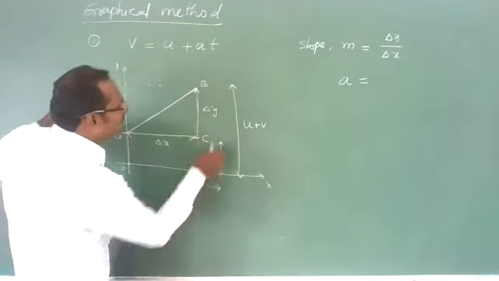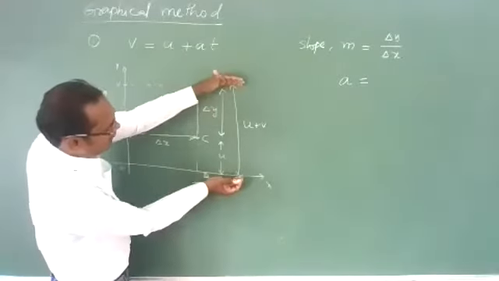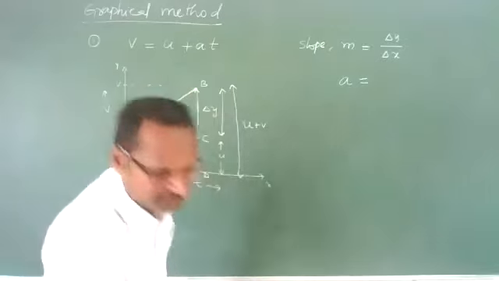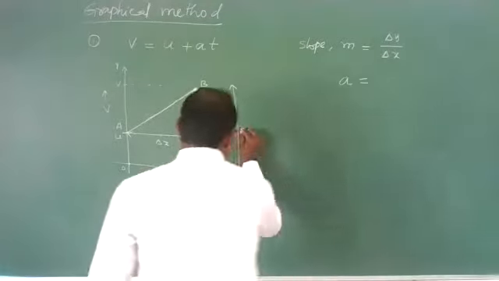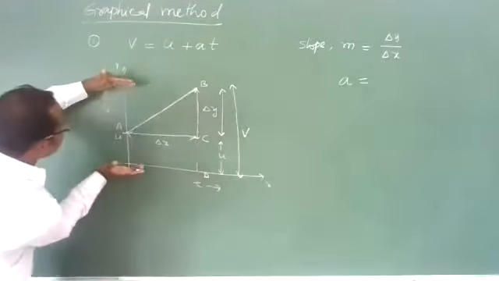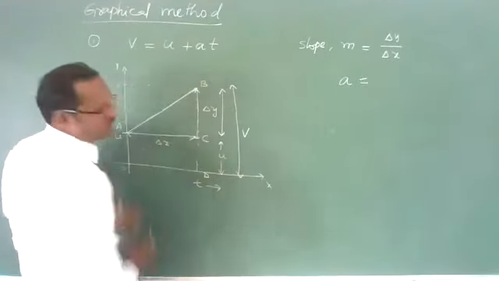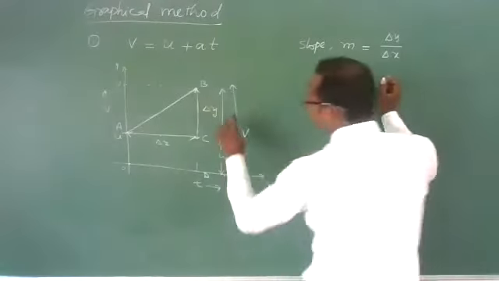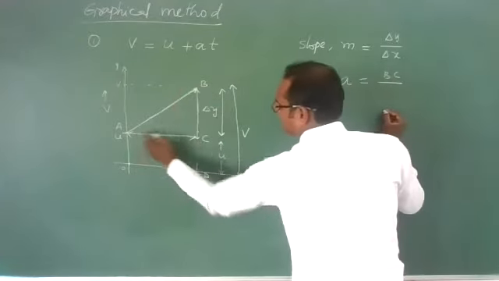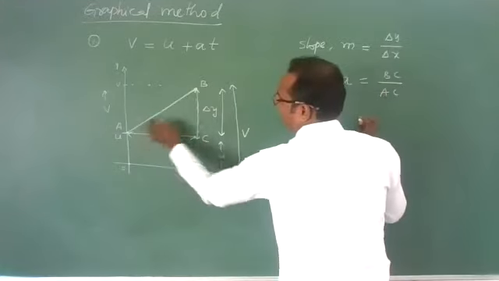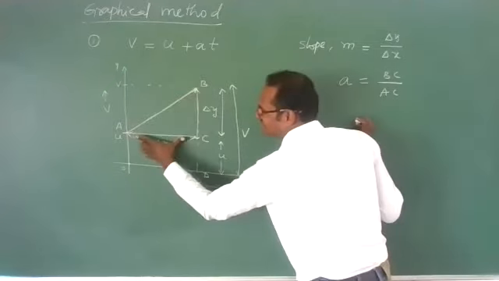From this total you have to subtract u, and you get delta y. So delta y upon delta x is BC upon AC. From the triangle ABC, the slope of line AB is BC upon AC.